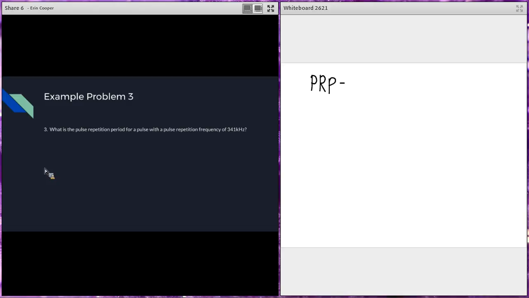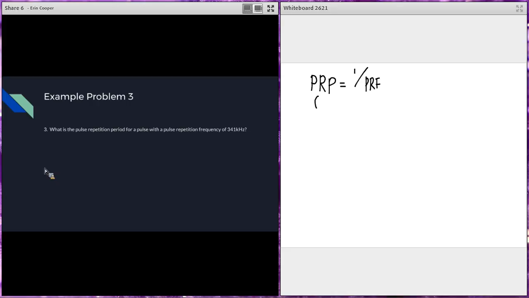Okay, now do we know any equations that use PRP? Yes, we do. It's 1 over PRF. But there was something weird about this equation that I told you to remember. What is that? It was the units.